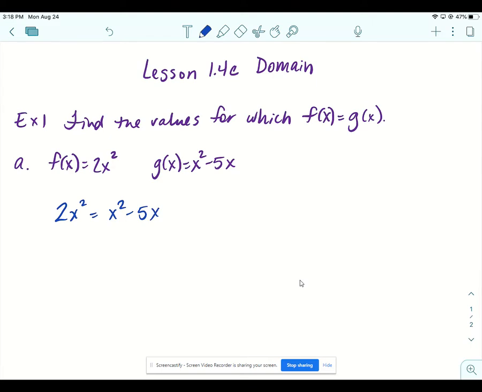Now this is a quadratic equation, and it has x squared and it has x. So most of the time we're going to try to solve these types by factoring. So to factor, we want to get everything on one side.